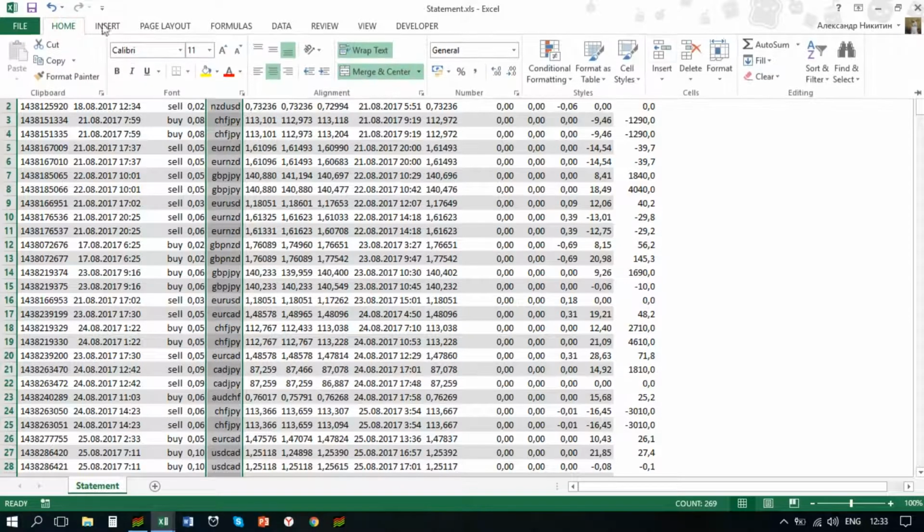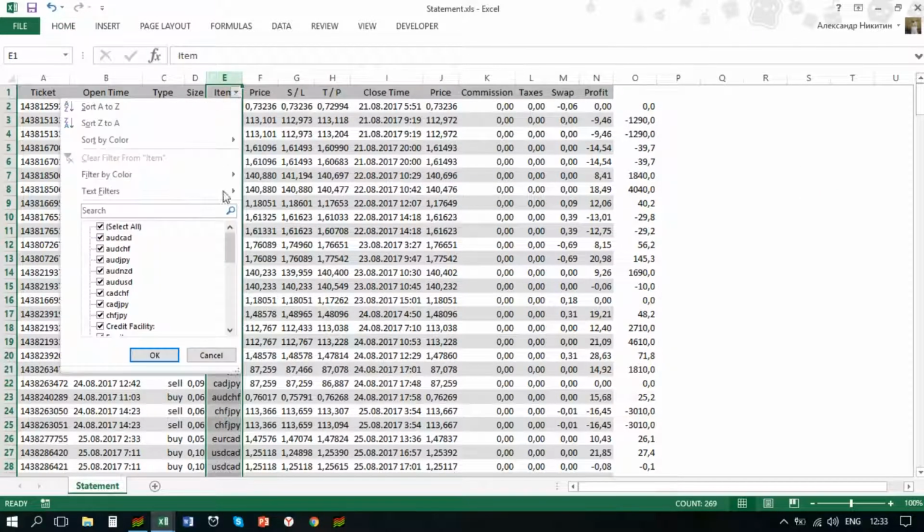Next, sometimes I have thousands of pips. Go in here, go in home, go into filter and choose yen pairs. Okay, perfect.